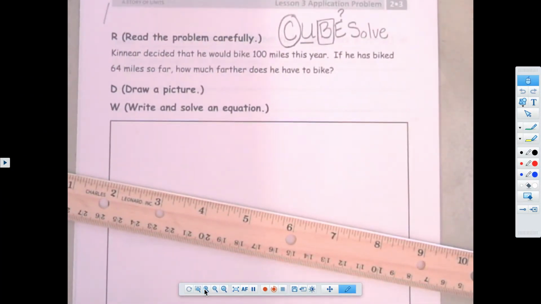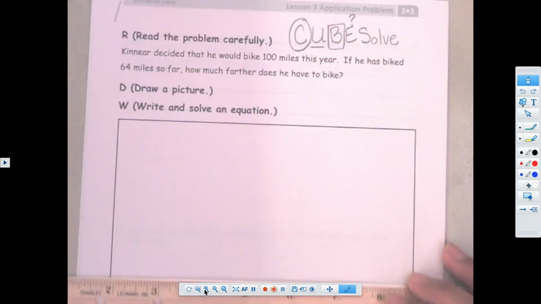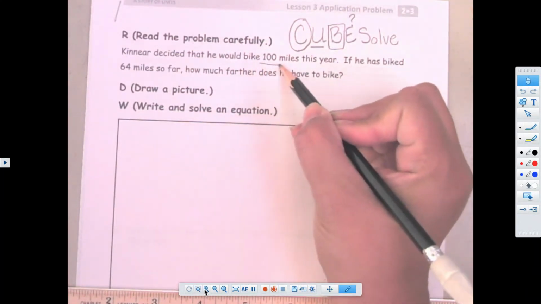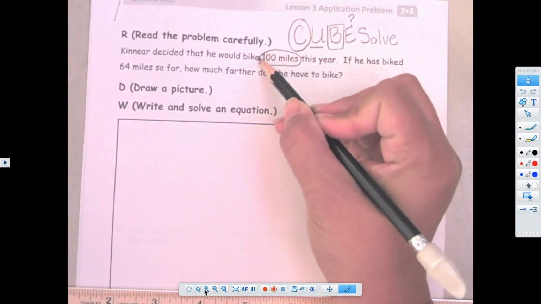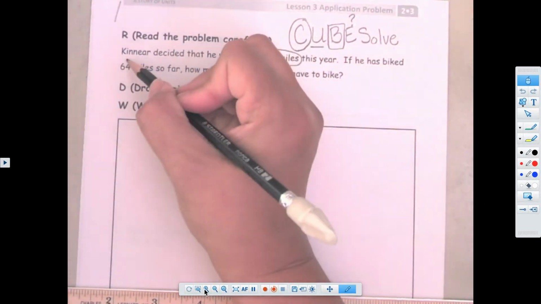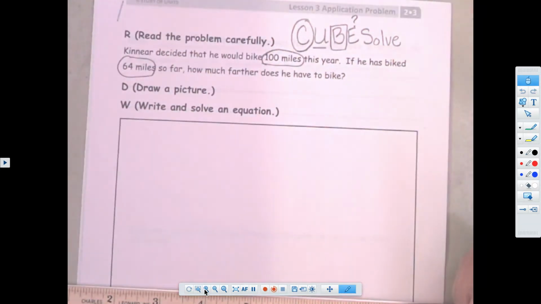All right, let's look at this word problem. We're going to read the problem carefully. It says, Kinnear decided that he would bike 100 miles this year. If he had biked 64 miles so far, how much further does he have to bike?